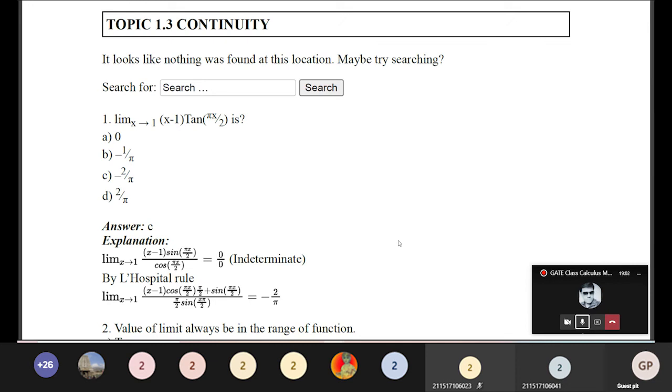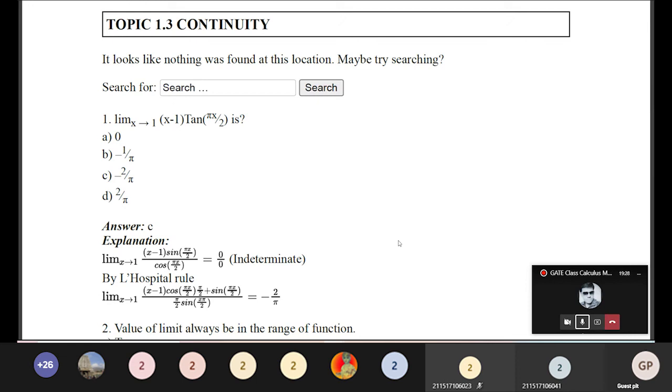I think in your school level, you know, 0 by 0 indeterminate form is not acceptable in any calculation. So when finding limits, if you have an indeterminate form like 0 by 0, infinity by infinity, you have to use L'Hospital rule. L'Hospital rule means differentiating numerator and denominator separately.